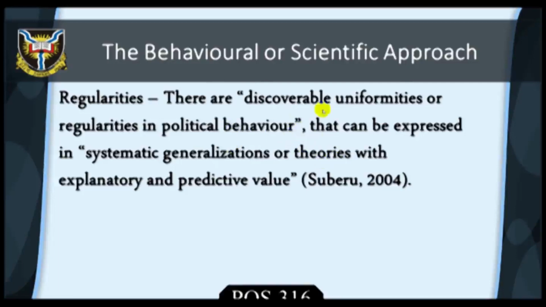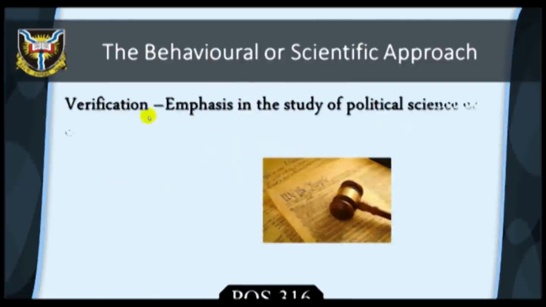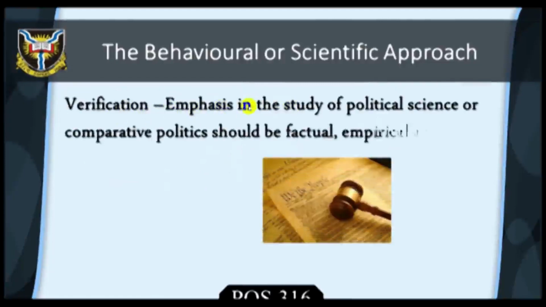Thus, the behavioralists argue that there are discoverable uniformities or regularities in political behavior, and that these can be expressed in systematic generalizations or theories with explanatory and predictive values. Suberu, 2004.